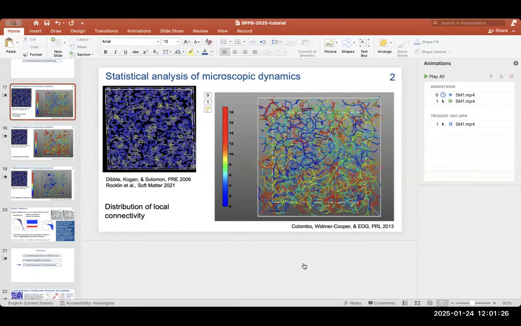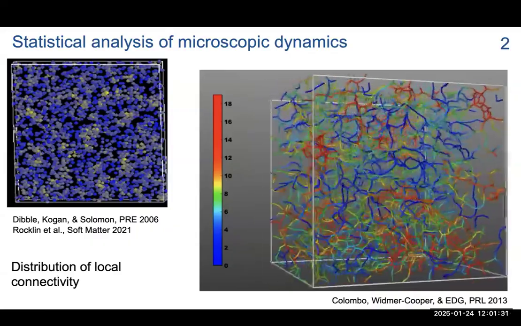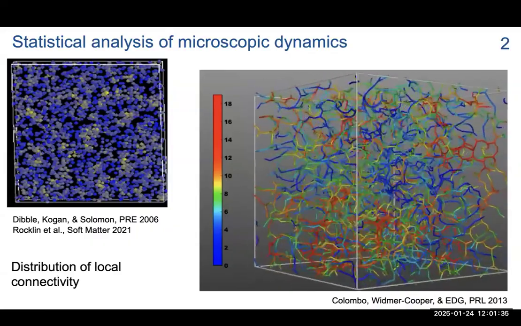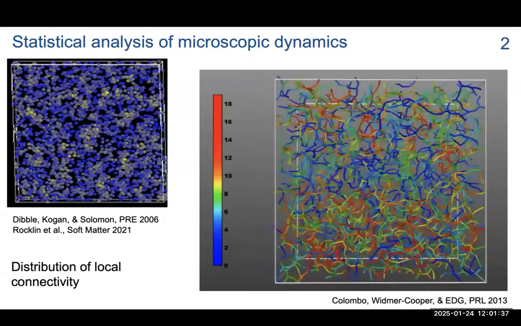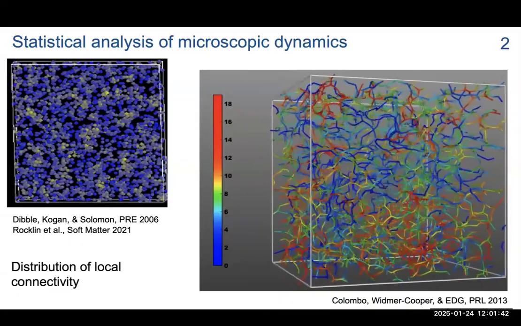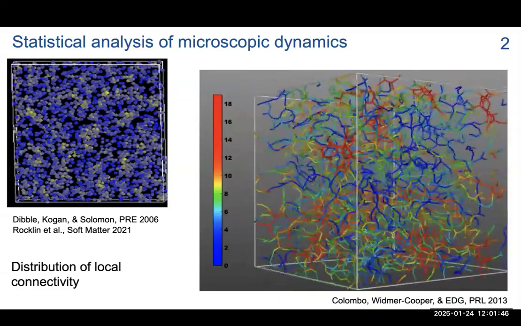Right. Okay, so basically this is our gel, and this is colored in terms of the local amount of branching points. You see regions in red where you have comparatively much more branching points, and regions which are blue where there are far fewer.